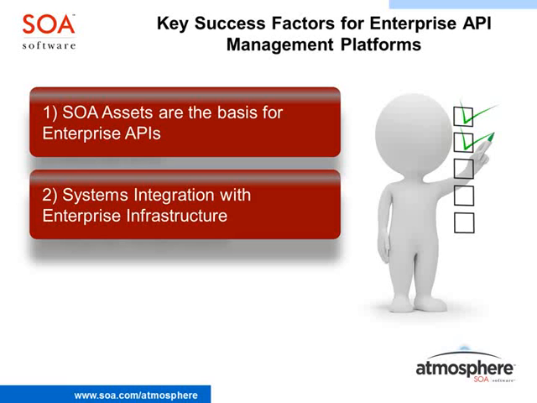The second key success factor is systems integration with the enterprise infrastructure. Most of these companies have a tremendous investment in their middleware architecture, in the surrounding security services, and in their network monitoring and infrastructure. And one of the common trends is to try and build an enterprise API program and an enterprise API platform as an island outside of that.